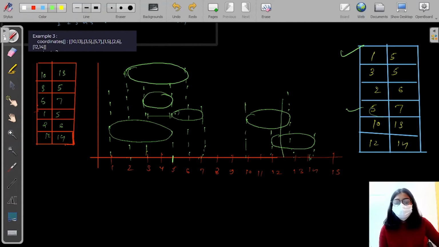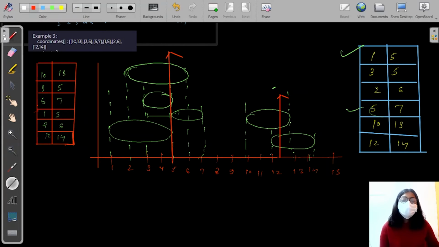Right? So as you can see, I am going to pass an arrow here. Only a single arrow can burst both of these two balloons, right? From here I am going to pass an arrow at index 5. So all of my 4 balloons are going to be burst, right?